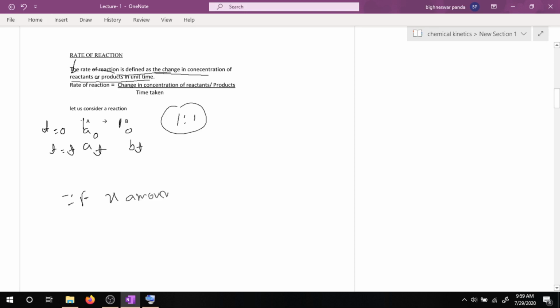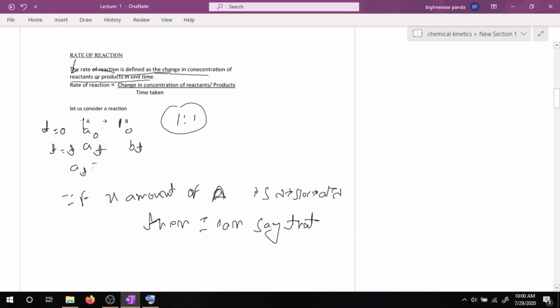So if X amount of A is dissociated, then the remaining amount, the final concentration At, is equal to A naught minus X, and Bt is equal to X. Since the reaction is 1:1 proportion, when 1 mole of A reacts, 1 mole of B will be formed.